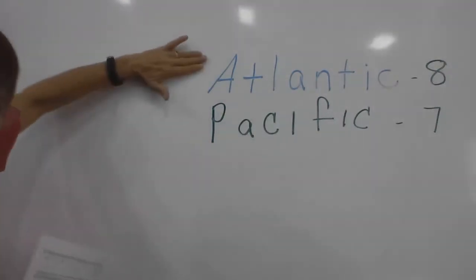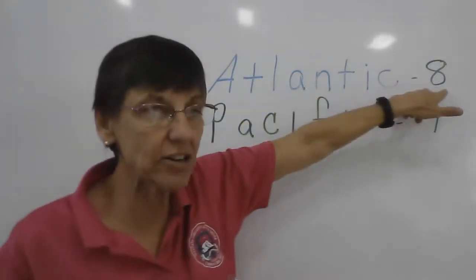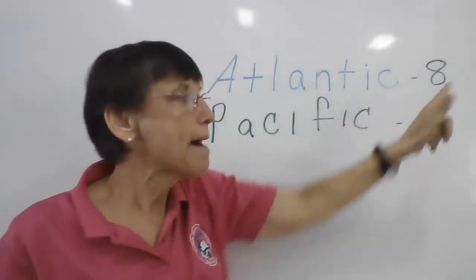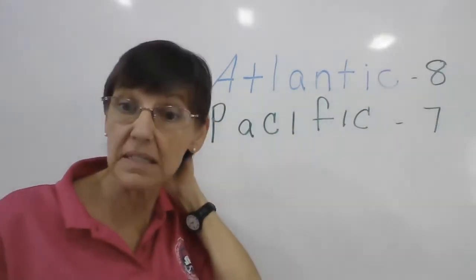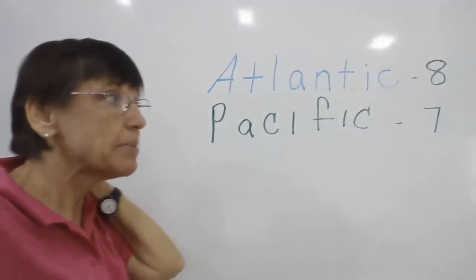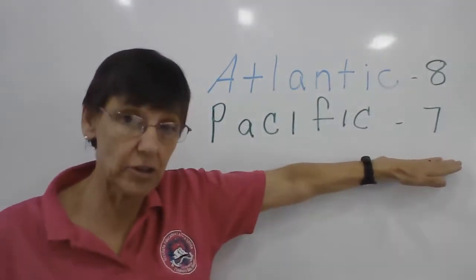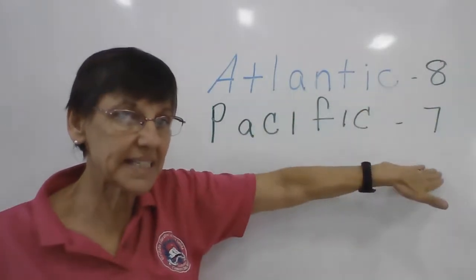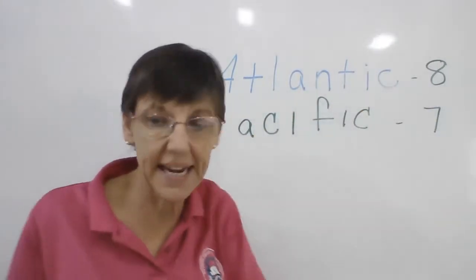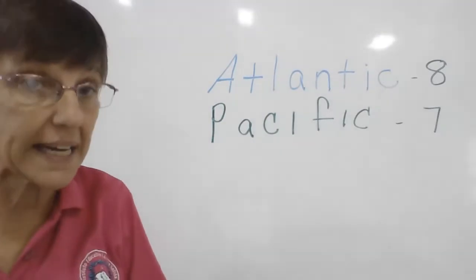Now, the Atlantic has 8 letters in the word, okay? Pacific means calm, paz, from the word paz. Pacific only has 7 letters, okay? Atlantic has 8, Pacific has 7. Okay, now, are you ready?